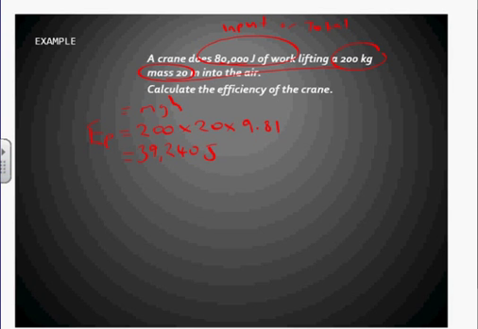That is actually what was required. So you can see it's almost about 50% efficient. What is the efficiency? The output, 39,240 divided by 80,000 times 100. So 49% efficient.